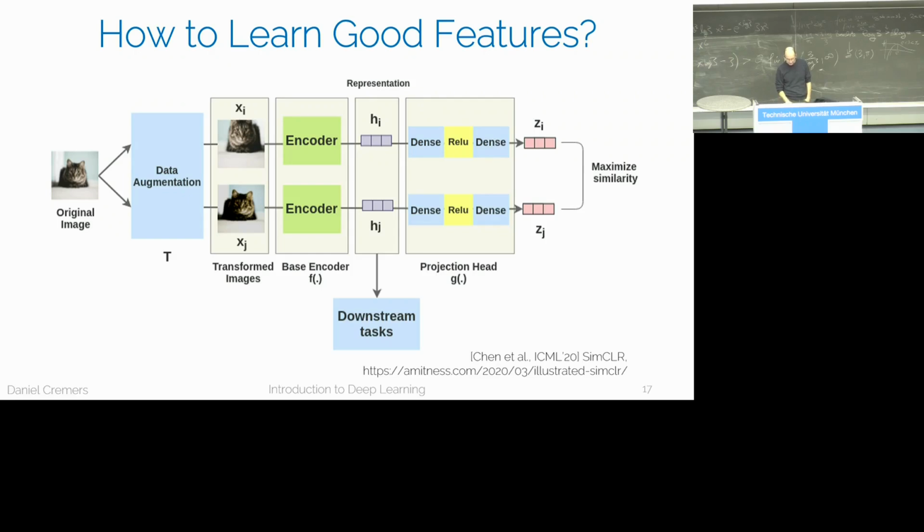And then you want to maximize similarity if the two crops come from the same object. And if not, then they should not be similar, basically.